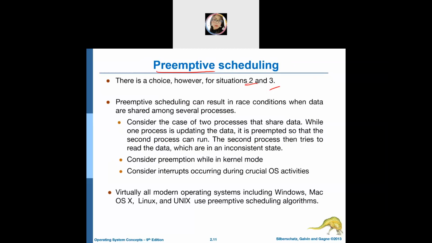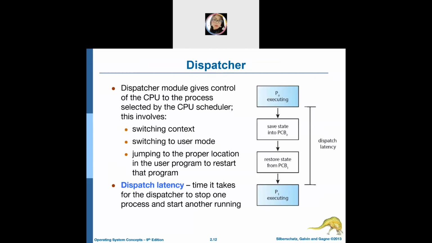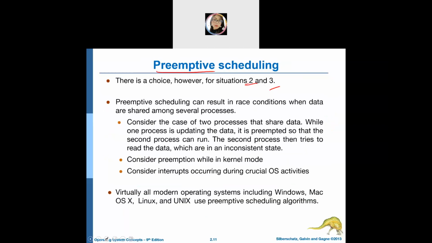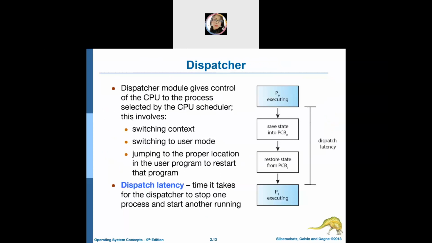The most important thing here is every single transition: running state to waiting state, running state to ready state, and so on, and also process termination. All of this is also correlated to the dispatcher.